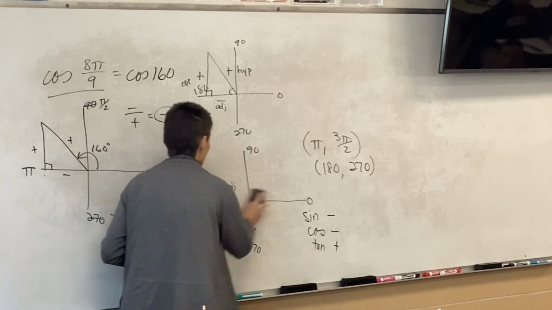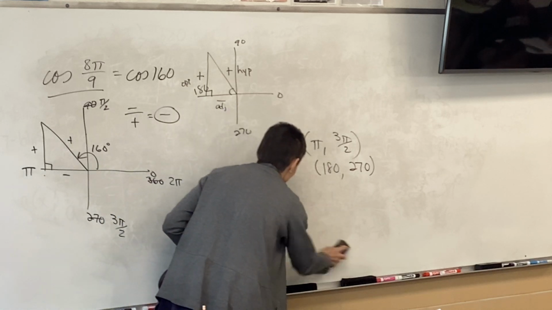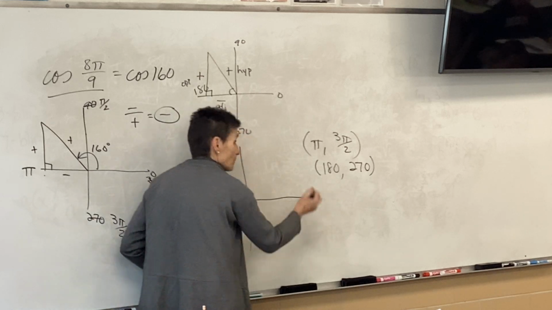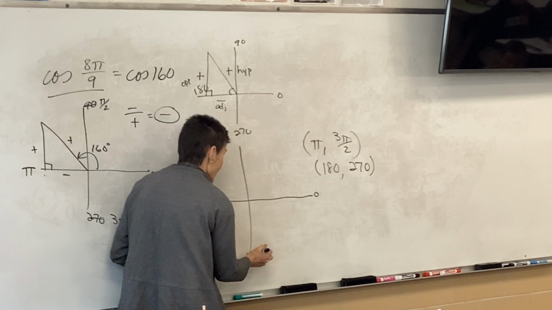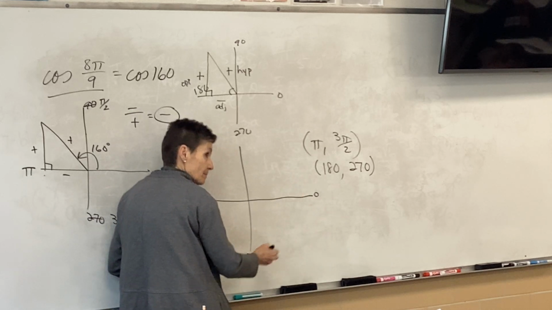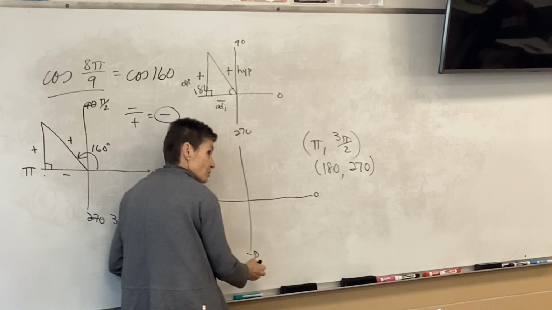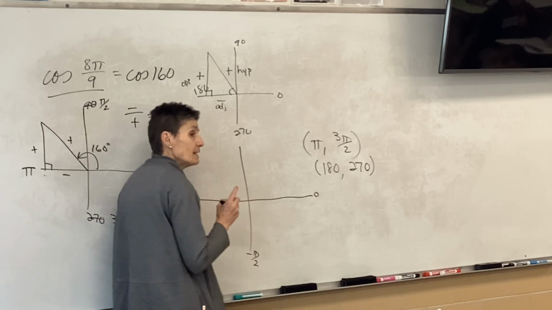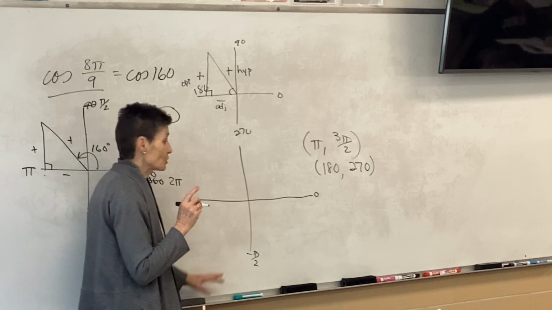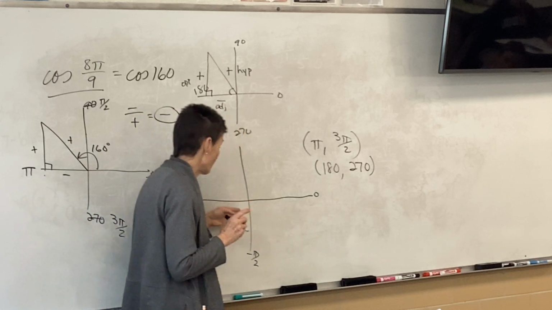Negative pi over 7. Now, without changing, pi over 2. I'm going negative now. Negative 90. Okay. Negative pi over 2. Is negative 1/7 smaller than a half or bigger than a half?